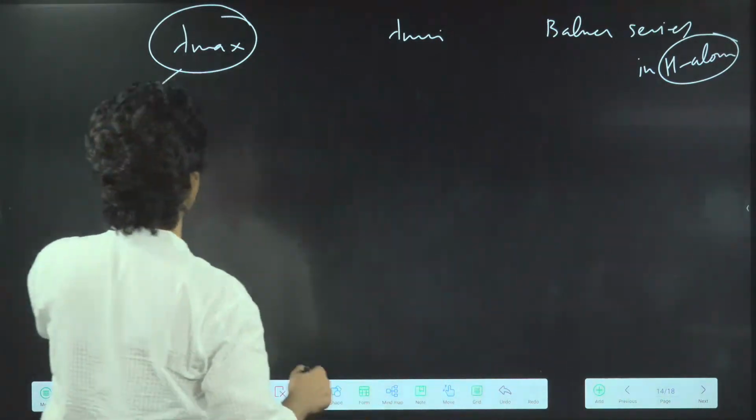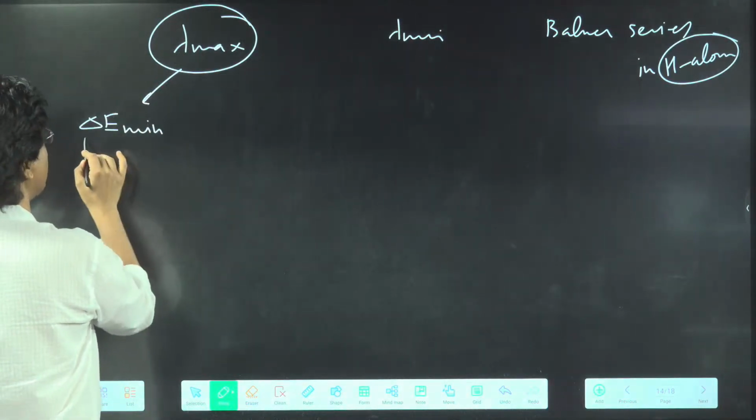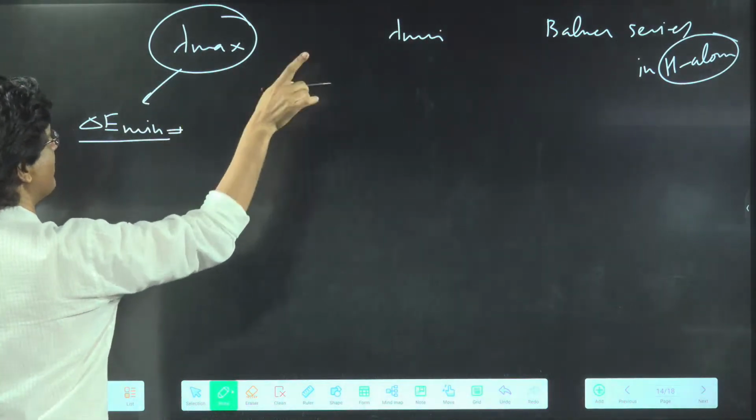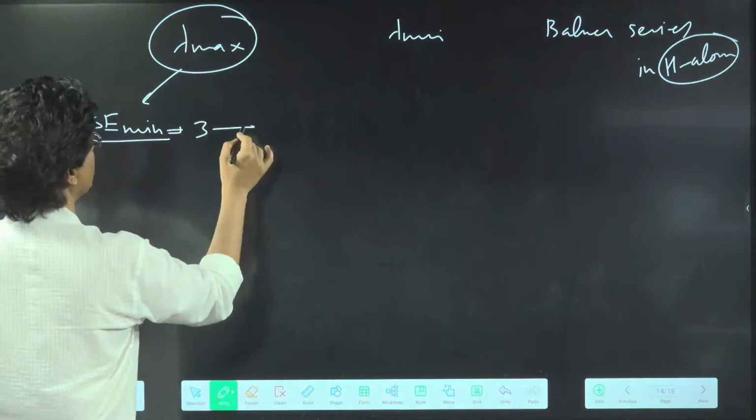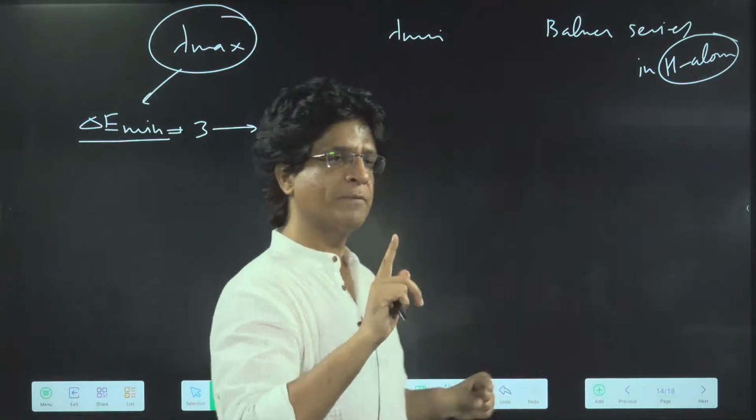Keep it up. So lambda max, I know I'll get when delta E is minimum, and delta E will be minimum when in Balmer series the electron moves from 3 to 2. The energy difference will be minimum when it jumps from just above orbit.